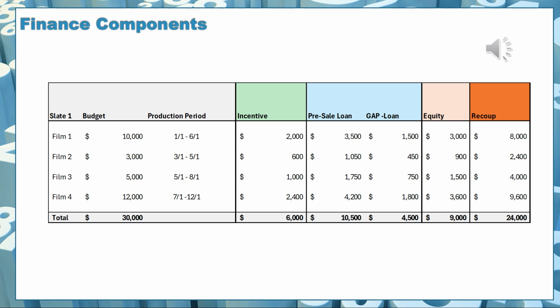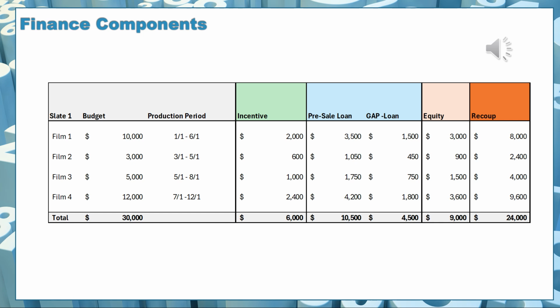So altogether, our production volume is $30 million because that's what the 4 films will cost. That's the entire production. The incentive in connection with these 4 films that we do not have to repay but are including in our finance plan is $6 million.